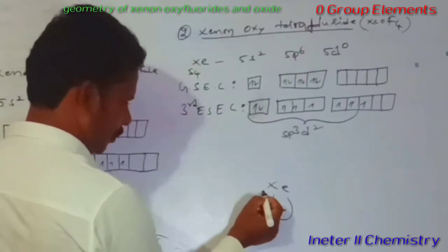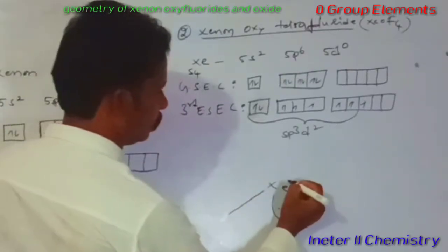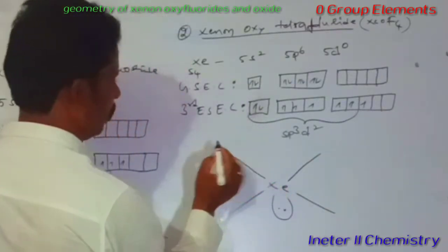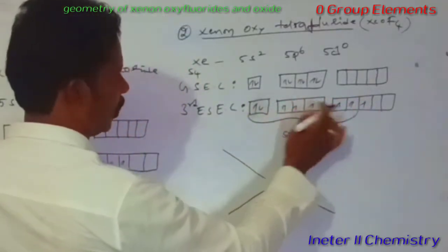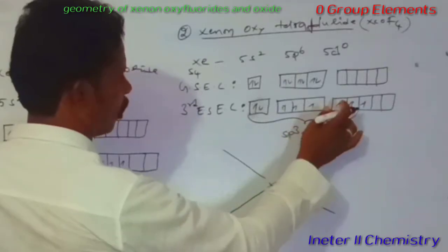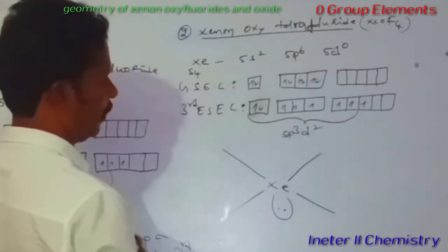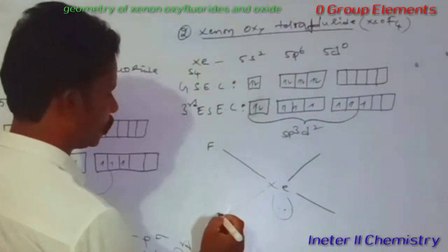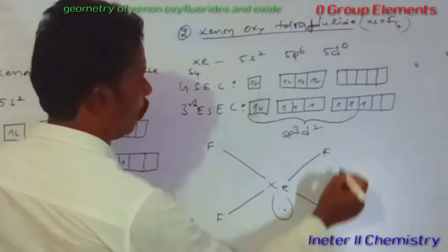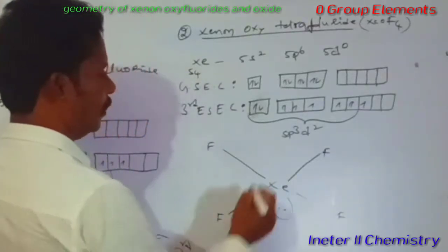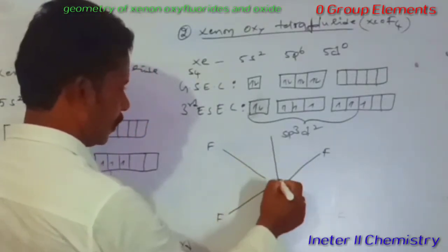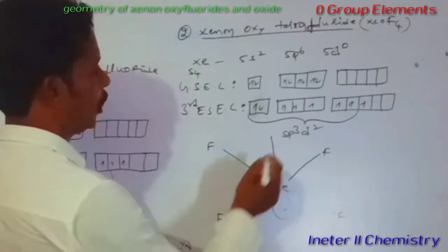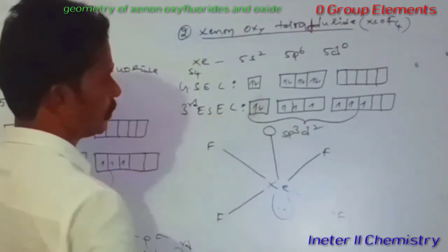The remaining, how many total? 5 sp3d2 hybrid orbitals contain unpaired electrons. From those, 4 are overlapping with the fluorines. The remaining unpaired electron of the xenon sp3d2 orbital overlaps with the oxygen.